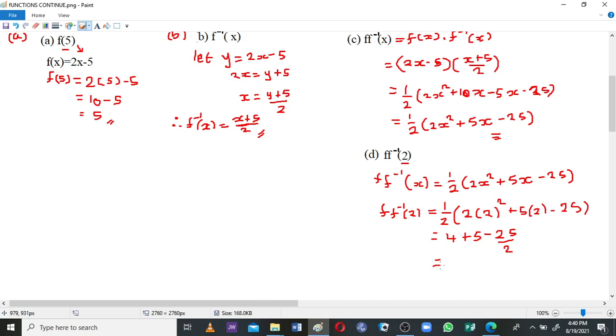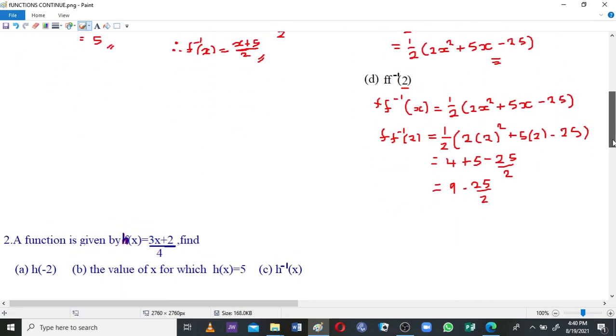So this is what we have, and next, this means we have 9 minus 25 over 2. Now solving this, you can find your lowest common denominator and solve that.